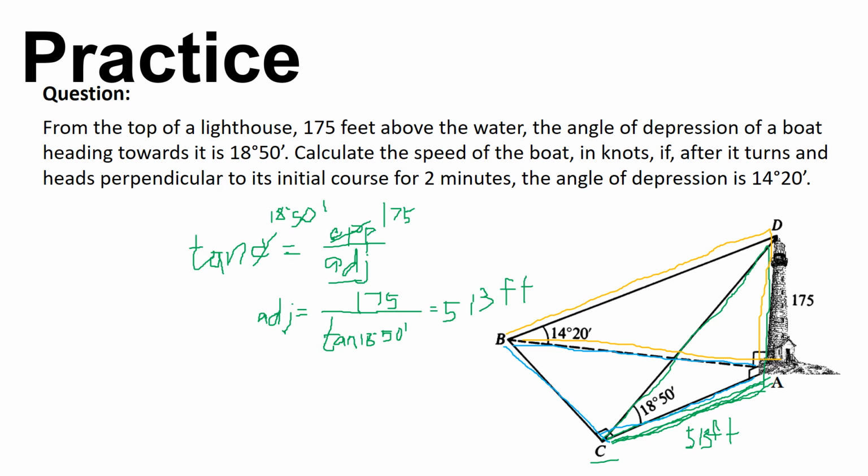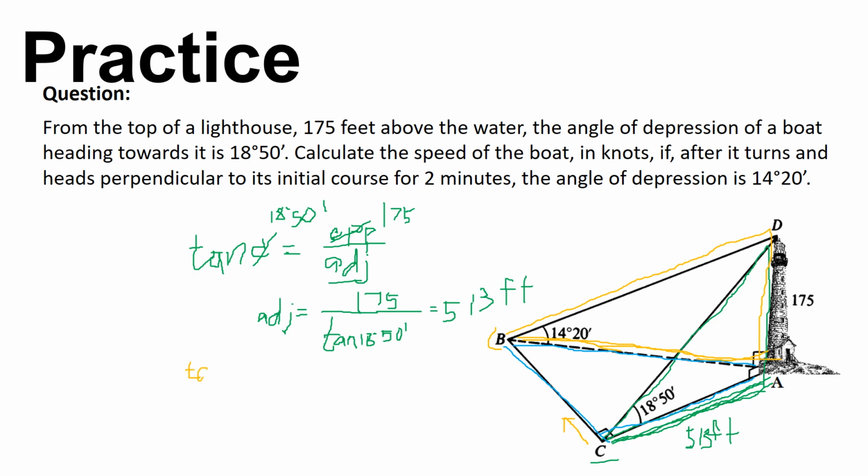Remember that the boat made its turn perpendicular to its initial course, and after 2 minutes it reached point B. Initially from point C, after 2 minutes it reached point B. Let's try to solve the triangle in point B. Since we are also trying to solve the adjacent side, and we are given the angle and an opposite side, similar to our first triangle, we can solve using the same process.